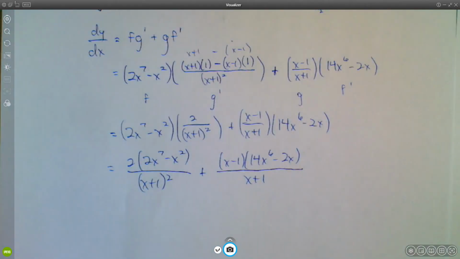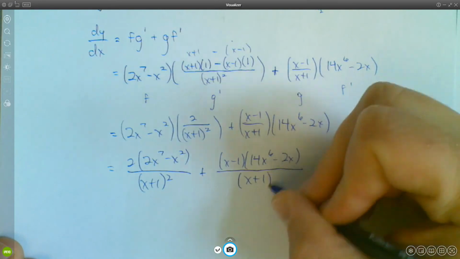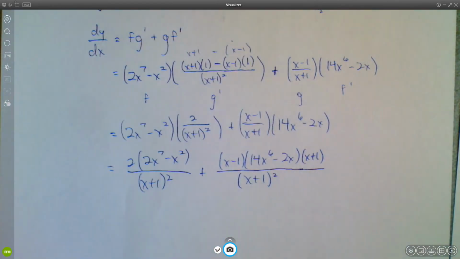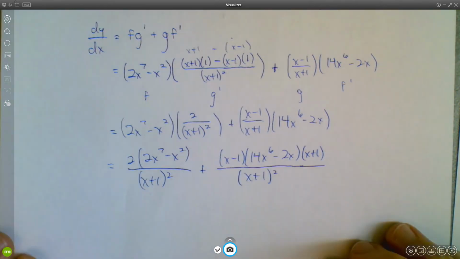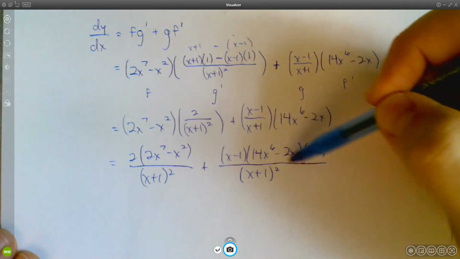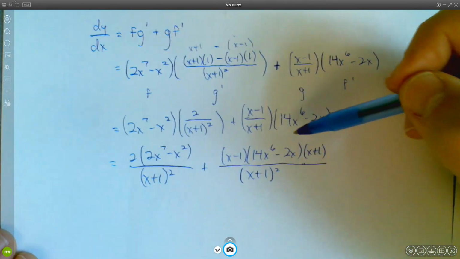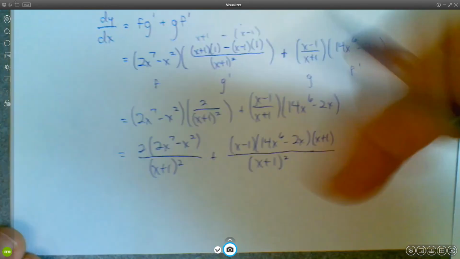I'm not exactly sure how much further we would take this. I suppose I could do that and then combine them into a single expression. And if I'm going to do that, then I might want to multiply out the numerators so that I can go ahead and combine like terms.